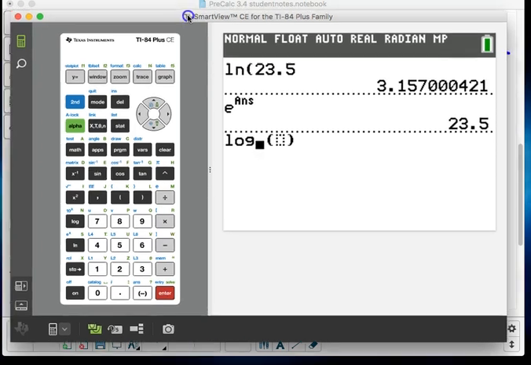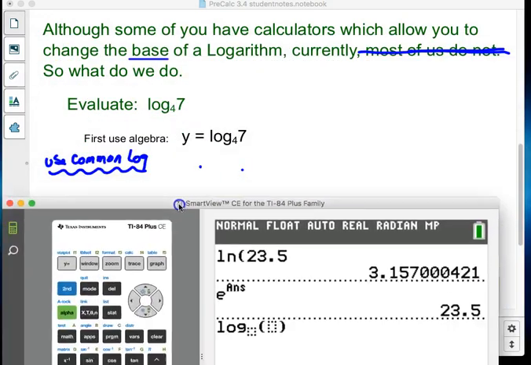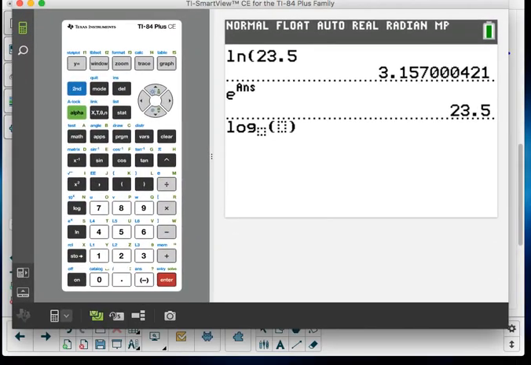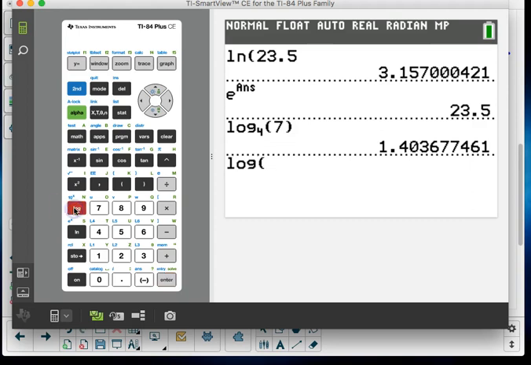So for this problem, log base 4 of 7, I could put the 4 in, I can put in 7, you can too, and I could enter. Now because it is a log base 4 of 7, I could also use the common log of 7 divided by the common log of 4.